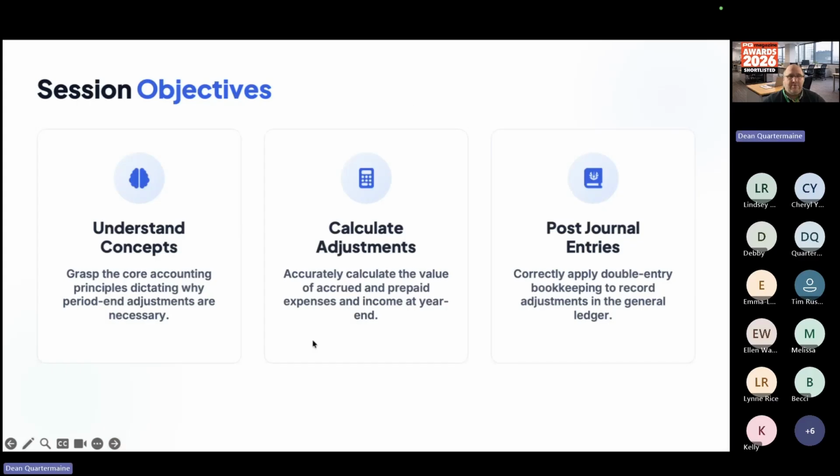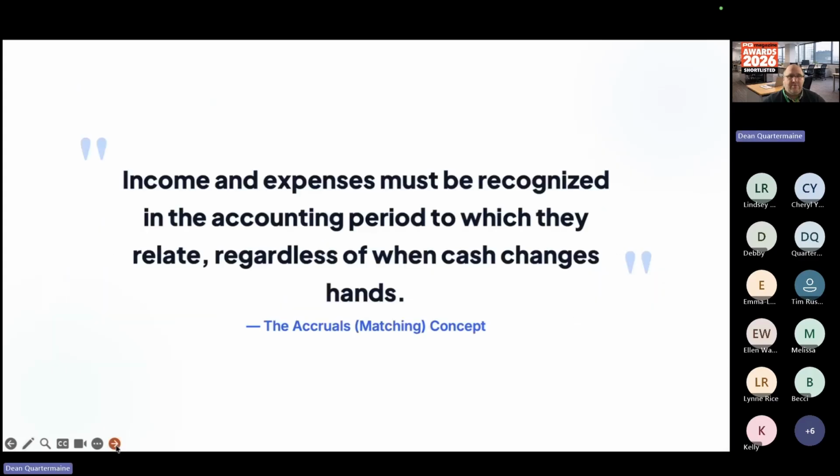So first thing that I want to say is core concept of what's known as the accruals concept, or sometimes some books call it the matching concept. So income and expenses must be recognised in the accounting period to which they relate, regardless of when cash changes hands.